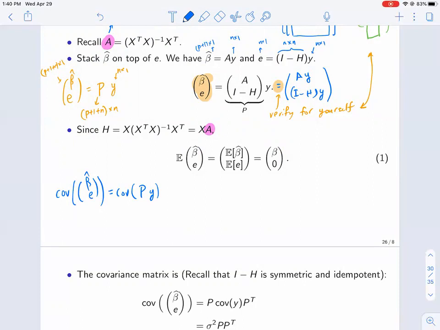You would take out the P and write P times covariance Y times P transpose. Great. Okay, so now what is covariance of Y?